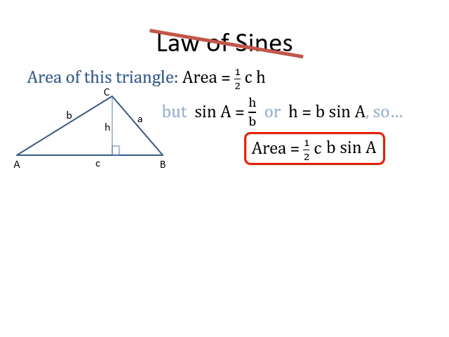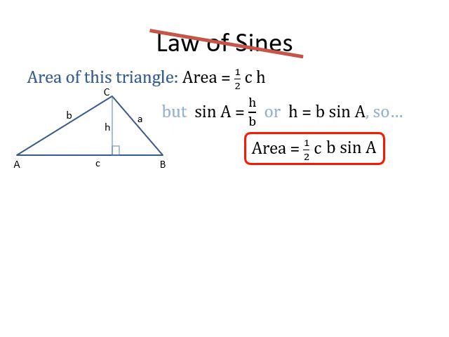If you think about the relationship between A, b, and c, c and b are two sides of the original triangle, and A is the included angle.